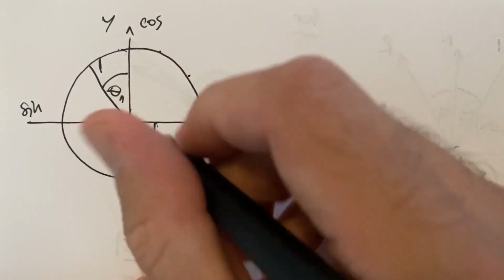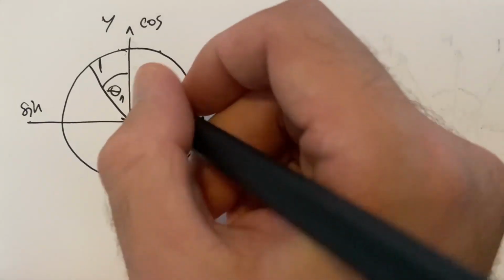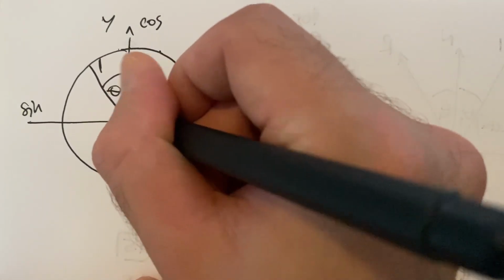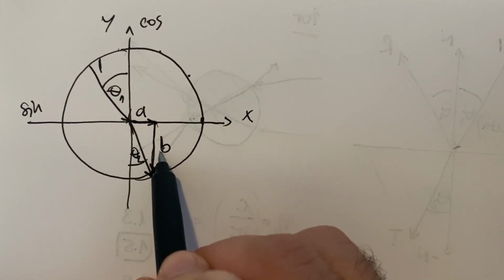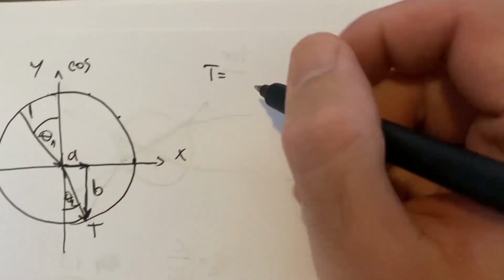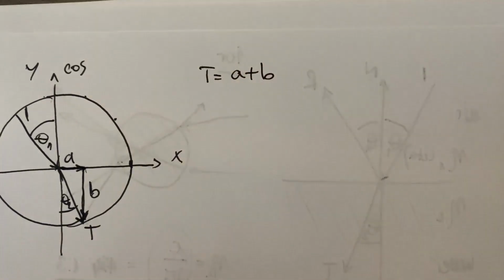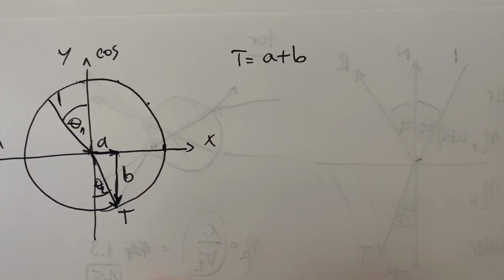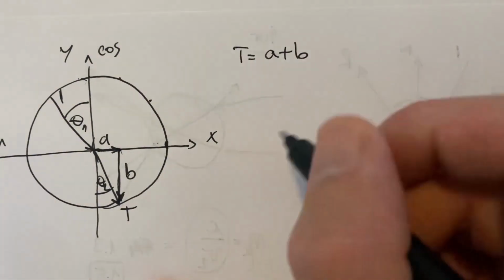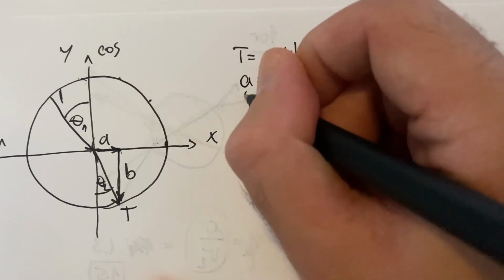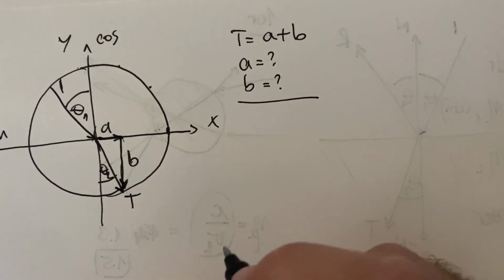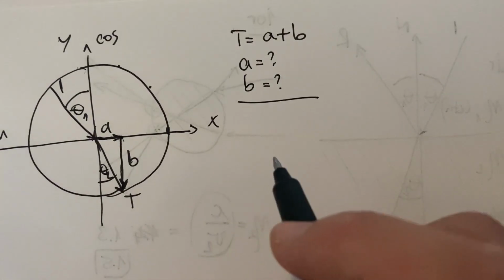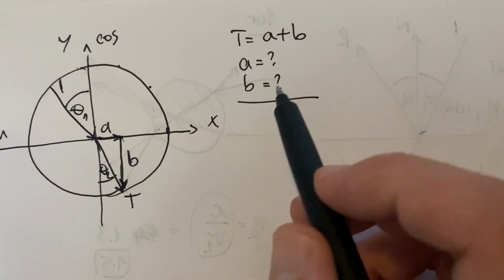In this case, we can name it B. And then we take this one and we name it A. So this is A, this is B, and T equals A plus B. Okay, fine. That's it. Cool, we're done. Not really. We need to know what A is and what B is. We still have no clue what they are. So we're going to do some trigonometry tricks and some vector tricks to actually get them.